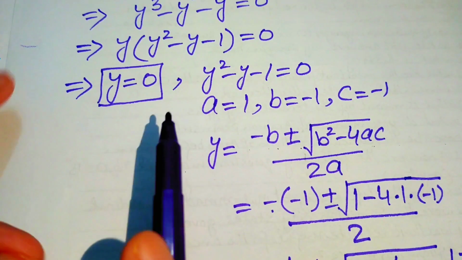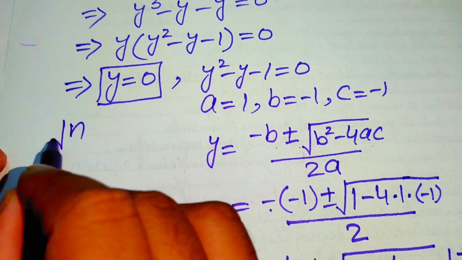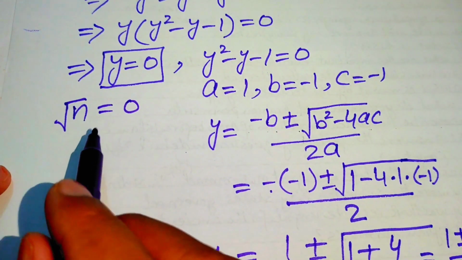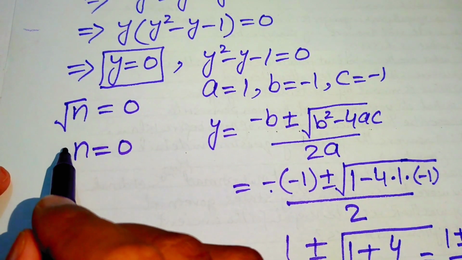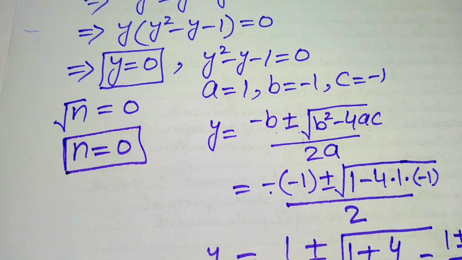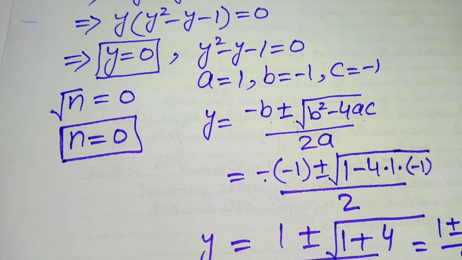First we put the value y equals to 0, and we get the square root of n equals to 0. Taking the square on both sides, we get the first value n equals to 0. This is because our n is greater than or equal to 0, so n equals to 0 is the first root of the given equation.